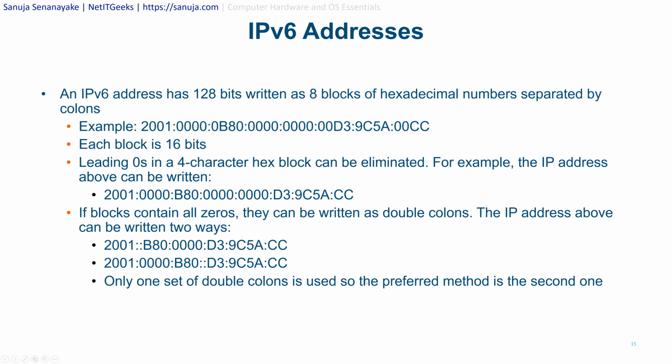So keep that in mind. You can only do it once, because otherwise the address is going to be incomprehensible, right? That's why. Again, I'm not going to go into the depth of mathematics of how IPv6 or IPv4 addresses work, because it is not required for your A+ certification program. You need to understand the broad overview of how these things work.